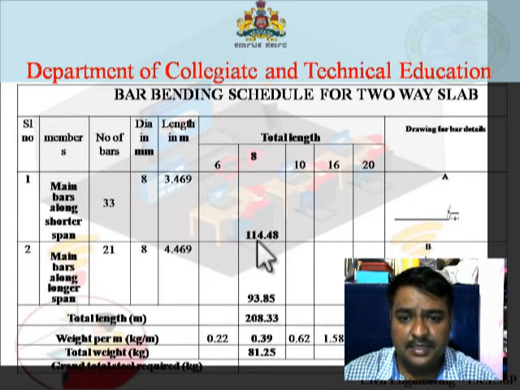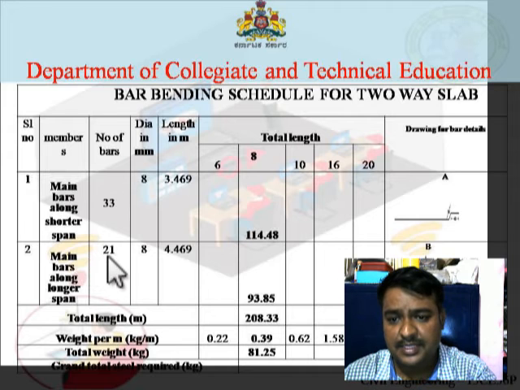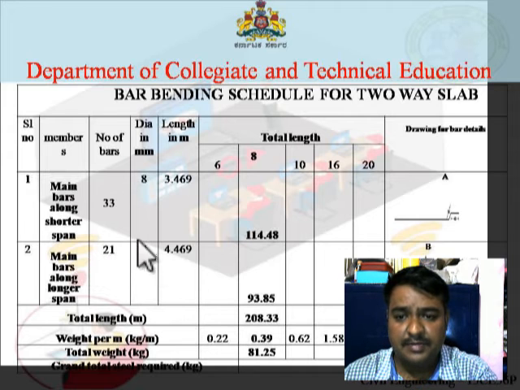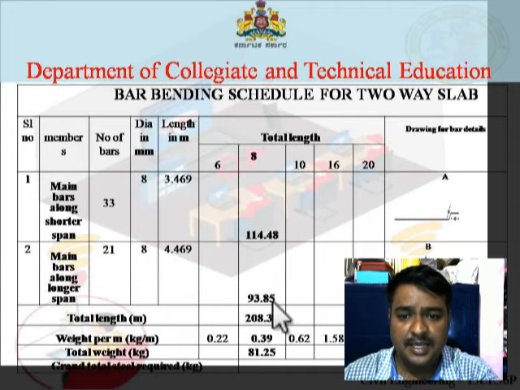So then similarly main bars along longer span is calculated. Number of main bars calculated as 21, diameter of the bar 8 mm and length in meter 4.469 meter, and the answer is 93.85.